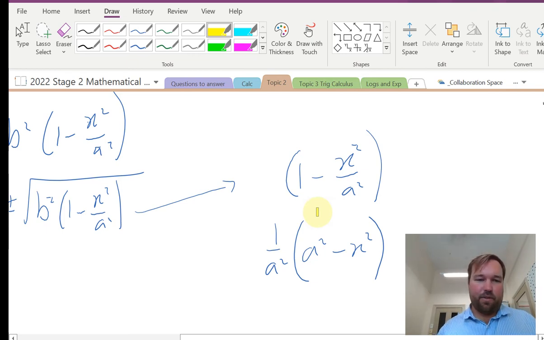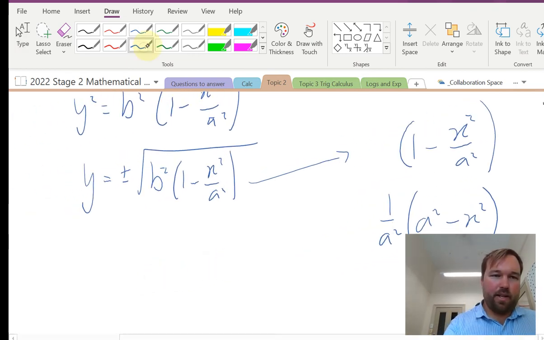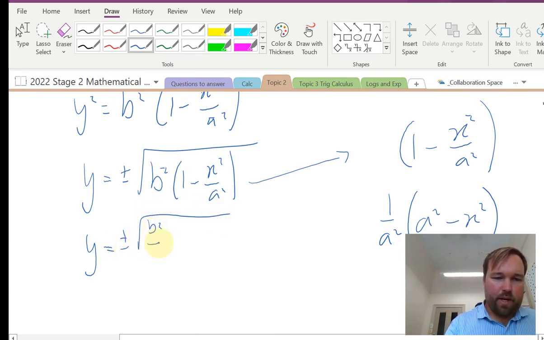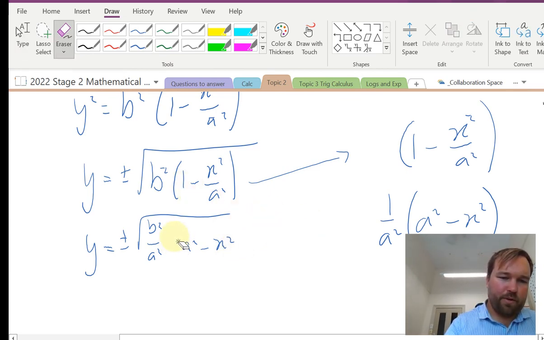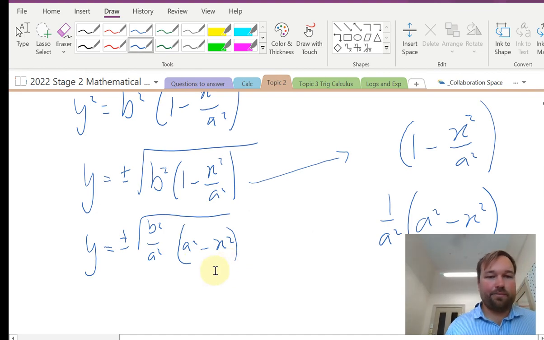The reason I'm after it is because then I can write it as this. y equals plus or minus the square root of b squared on a squared bracket a squared take x squared. And I'll put another square root in, getting tired.